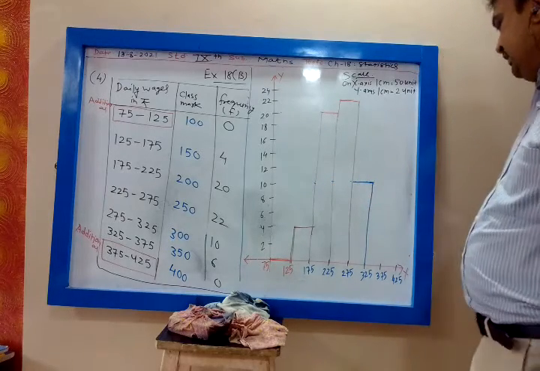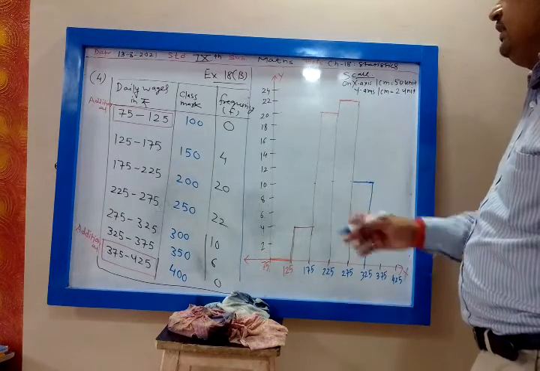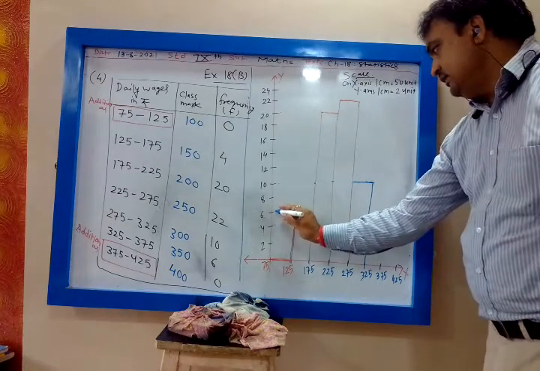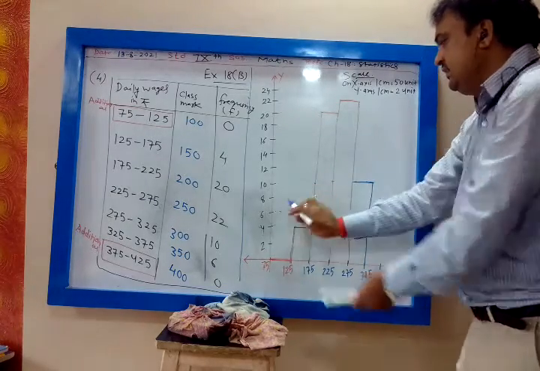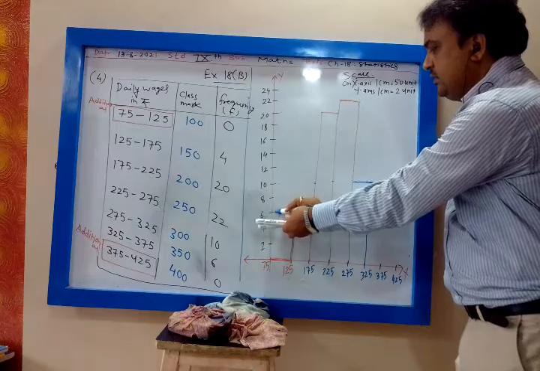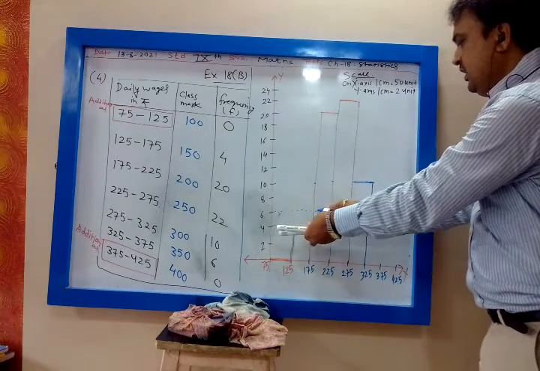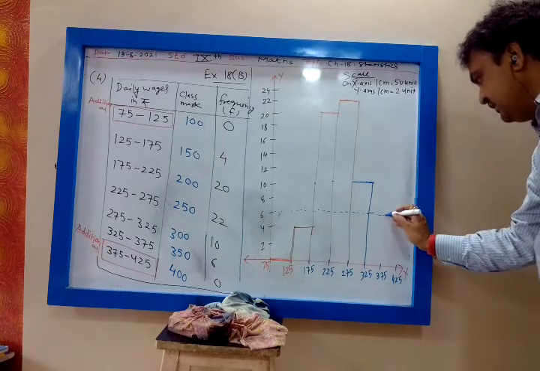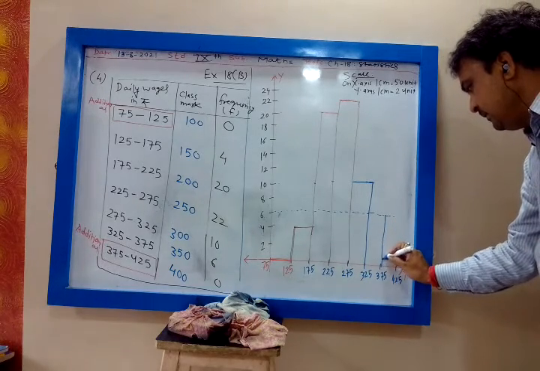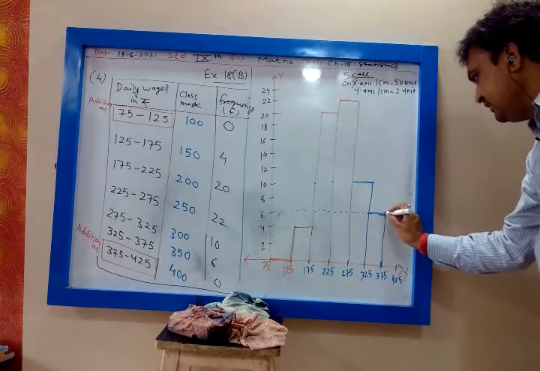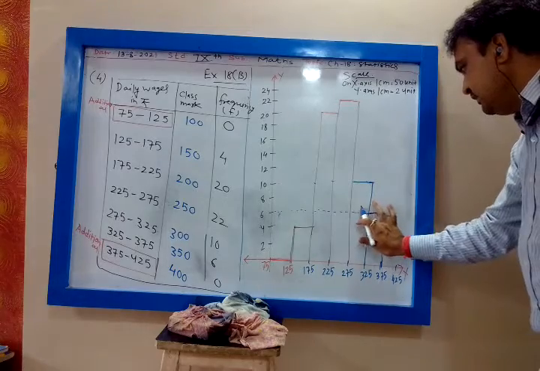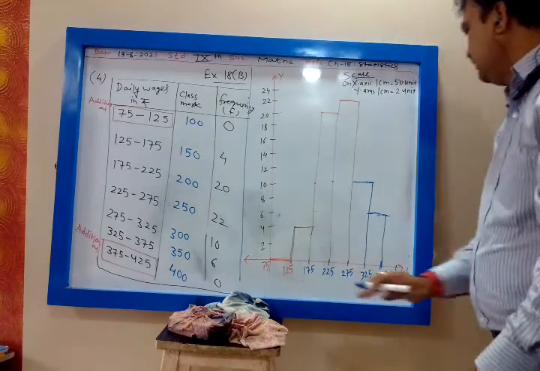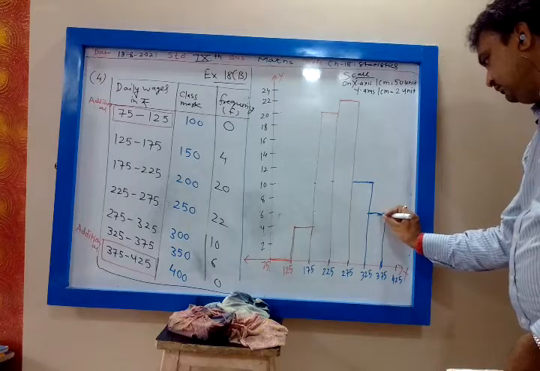Then 325 to 375, it is 6. So draw the dotted line, keeping the scale horizontal. 325 to 375, it is 6. Erase the dotted line.